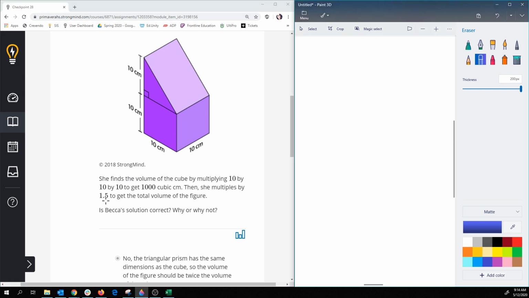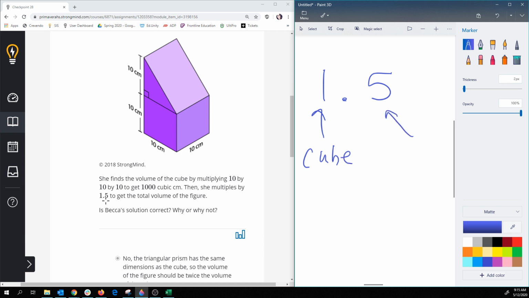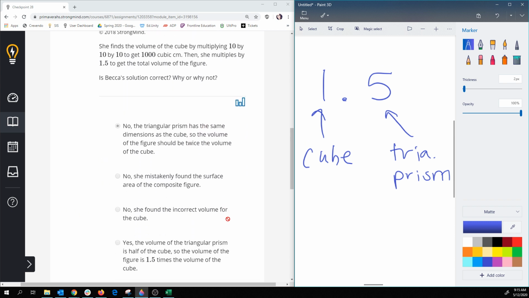This 1.5, so this 1 here, this represents my cube, and this 0.5 represents my triangular prism that's on top. So this represents that triangular prism, because if you think about it, that triangular prism is half, and 0.5 is the same as half. So this actually would be correct.